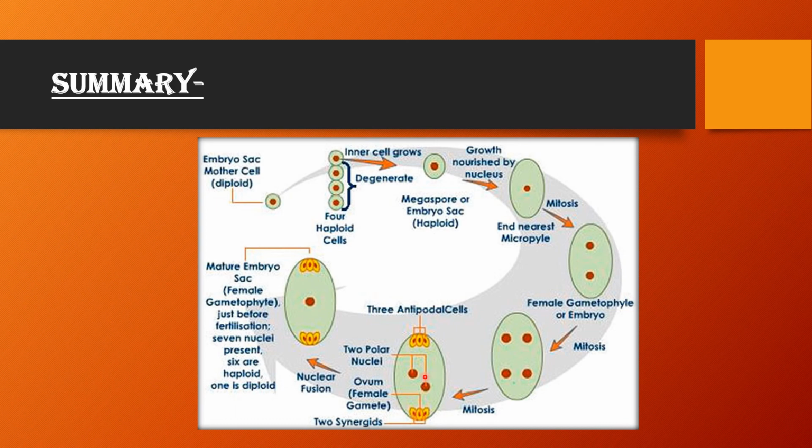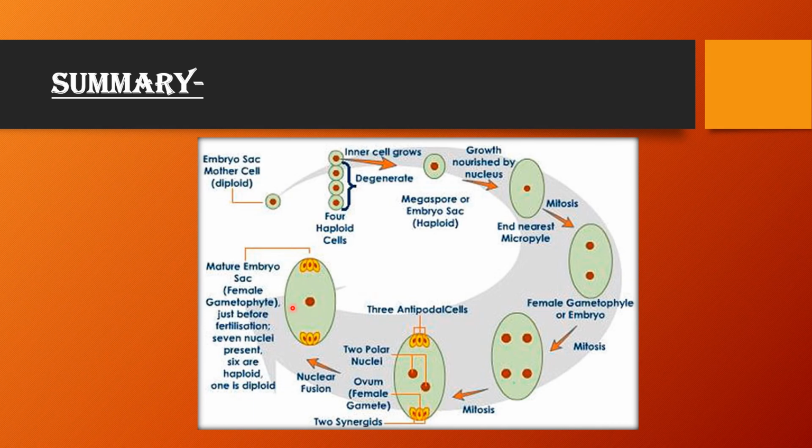The 2 centrally located nuclei are called polar nuclei, and the cell where they lie is called the central cell. So this is the mature embryo sac, and it is now ready for fertilization.